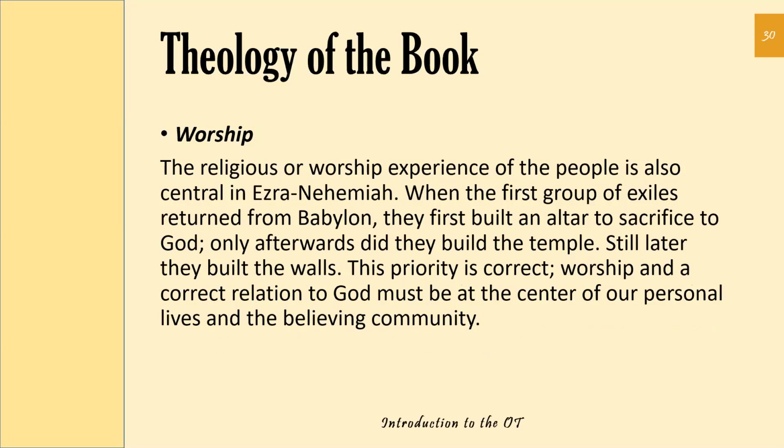Only afterwards did they build the temple. Still later, they built the walls. This priority is correct. Worship and a correct relation to God must be at the center of our personal lives and the believing community. Okay, do you have any other questions?